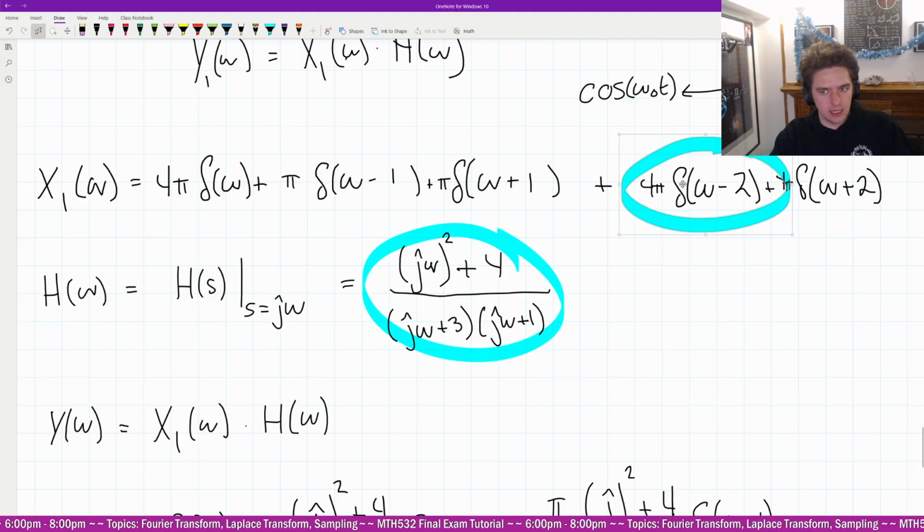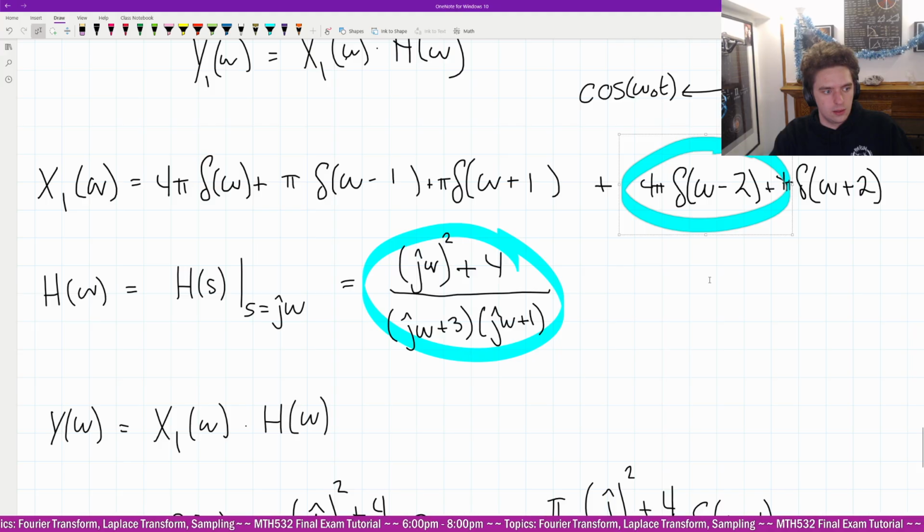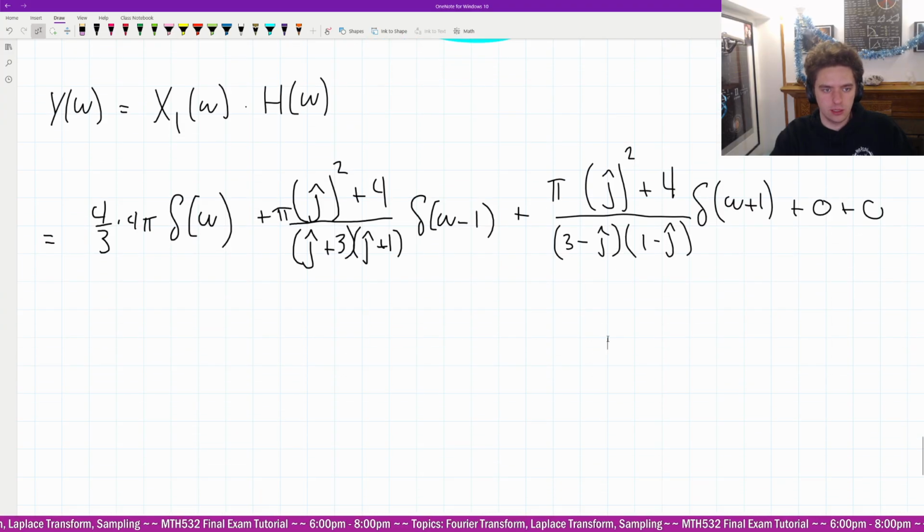Delta omega minus 2, yes, that is correct. So omega minus 2, I plug 2 into this, it's going to go to 0. Plug positive 2 into this, it's also going to go to 0.